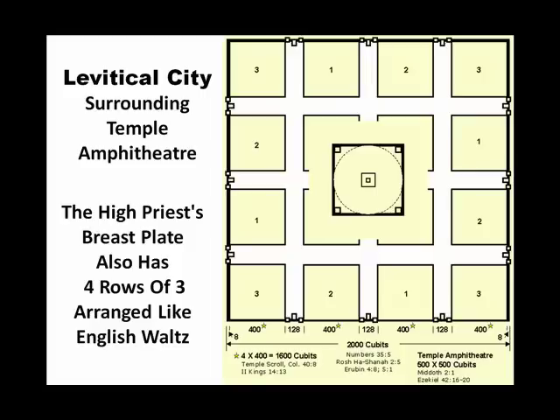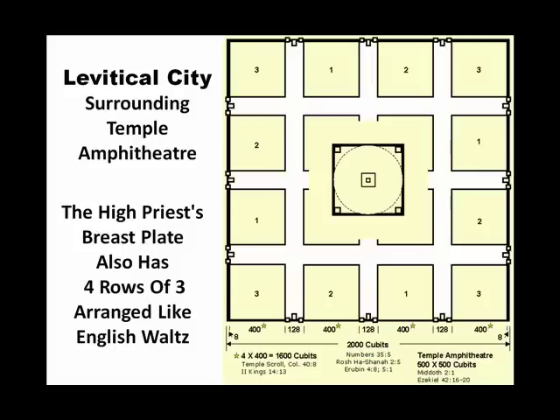Now the 4 times 400 cubits, the 1,600 cubits, is defined in the Temple Scroll, column 40, verse 9, and 2 Kings 14:13. Now the 2,000 cubits are Numbers 35:5, Rosh Hashanah 2:5, and Reuben 4:8 and 5:1.